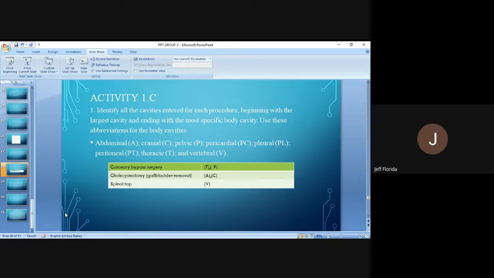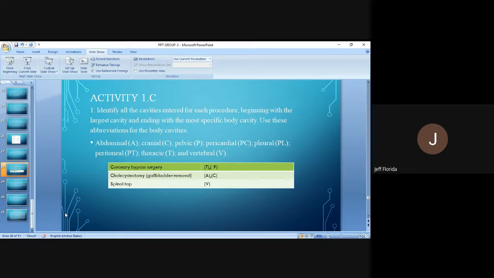Next is cholecystectomy, or the gallbladder removal. The first largest body cavity is the abdominal body cavity, and the most specific body cavity is the pelvic cavity.